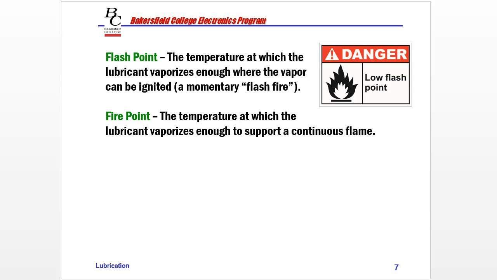Then the fire point is going to be a higher temperature at which the lubricant will vaporize enough to support a continuous flame. So we need to be aware of these specifications and make sure if it's being used in a machine that's going to generate an extreme amount of heat, that the machine is not going to catch on fire. So fire point and flash point, two very important specifications of lubricant.